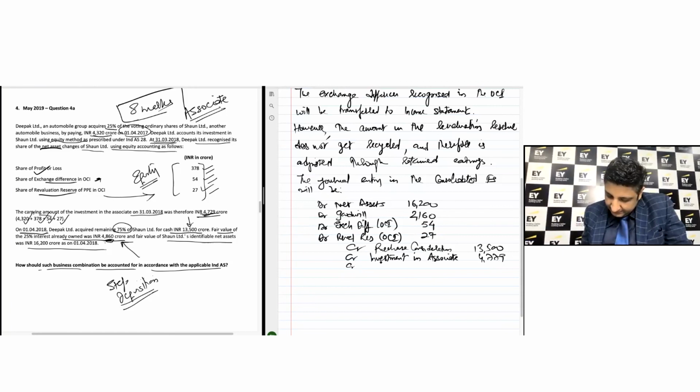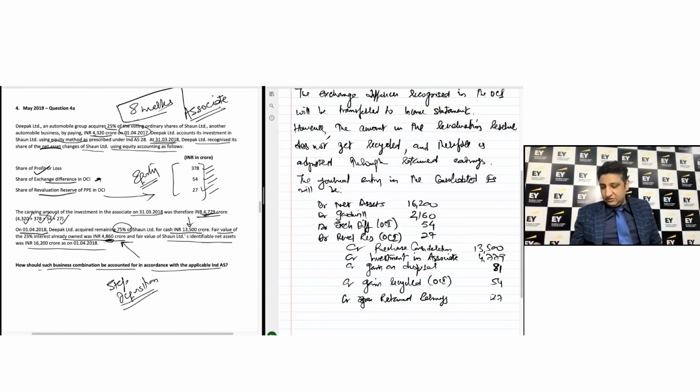Credit gain on disposal, which is 81 that we calculated, and finally gain recycled, which was in OCI, 54, and credit, of course, retained earnings, which is 27. So that's how you start considering this entire movement from an accounting perspective, right?